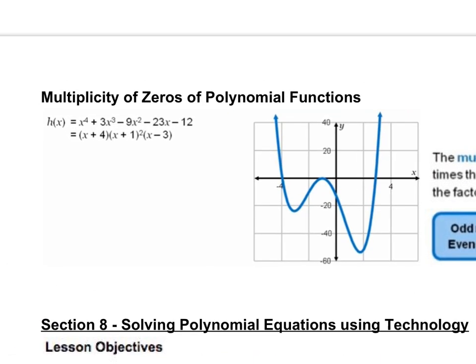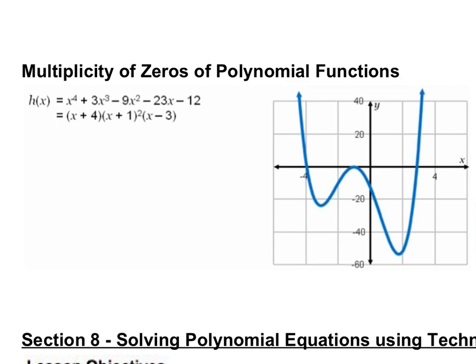So what I want to talk about here real quick is that here you have a degree of 4, so that's even. And your leading coefficient, the number way out front, is positive.